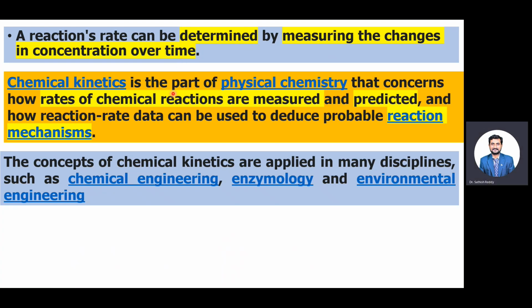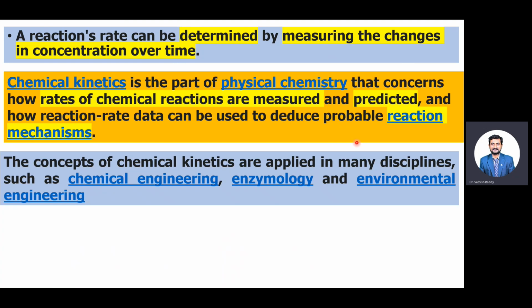Chemical kinetics is a part of physical chemistry that concerns how rates of chemical reactions are measured and predicted, and how the reaction rate can be used to produce a probable reaction mechanism.